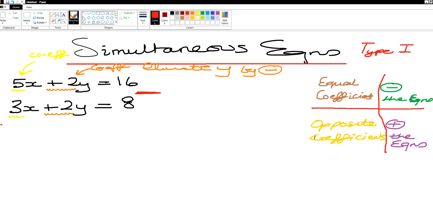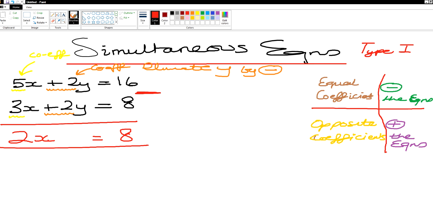Big fat minus. And we do a normal takeaway question. We have 16 minus 8, that will give us 8. We have plus 2y minus plus 2y, which gives us 0y, or just 0. Do we need to write down 0? No. 5x minus 3x is 2x.